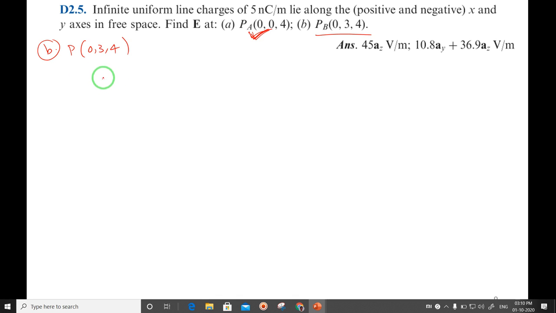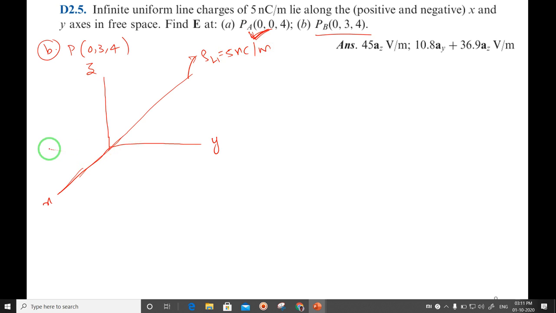So let me draw the diagram. X-axis, Y-axis and Z-axis. Two infinite uniform line charges of 5 nanocoulomb per meter lying along X and Y-axis. So along the X-axis, one of the infinite line charges is lying here. Let me call it rho L1, 5 nanocoulomb per meter.